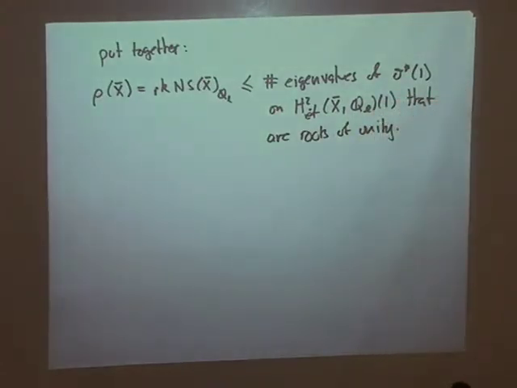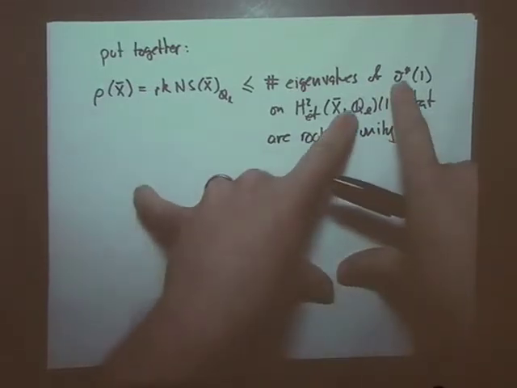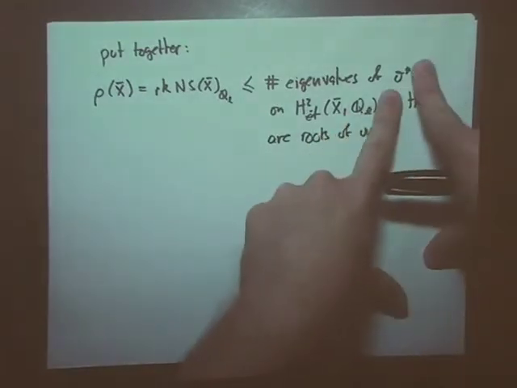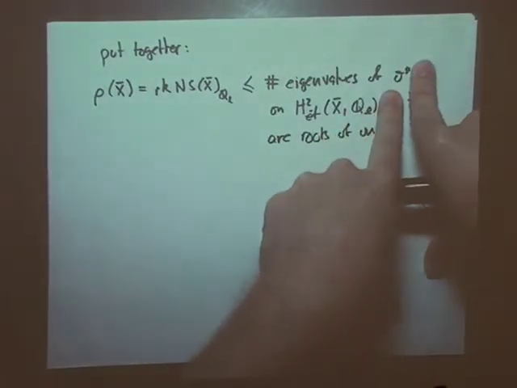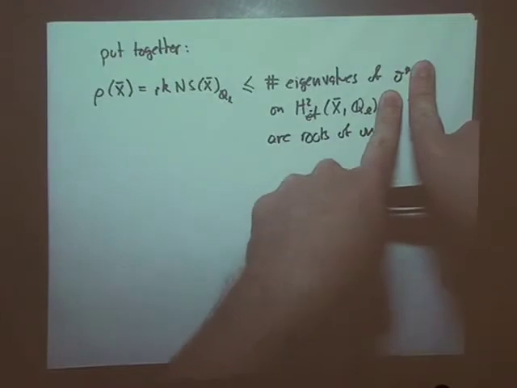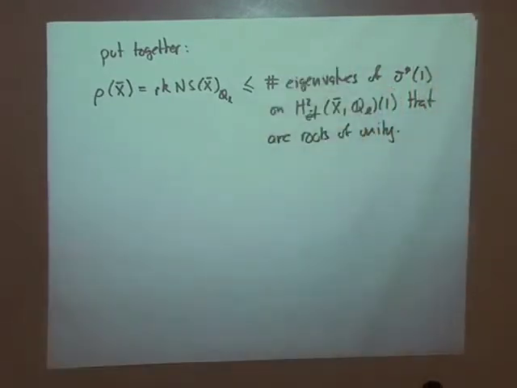And remember that I told you that once we had untangled these twistings, on this part, Galois was acting by multiplication by q. And so if, instead of looking at the twisted action, I just want to look at the untwisted action, then I should be looking at the number of eigenvalues of sigma star on this H2 that are not quite roots of unity, but roots of unity divided by q.